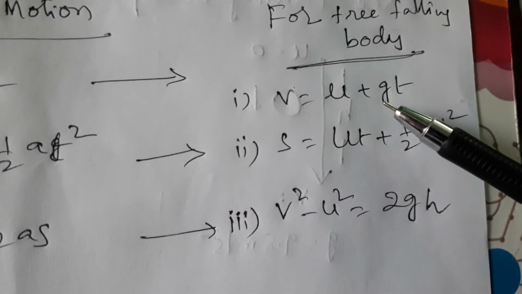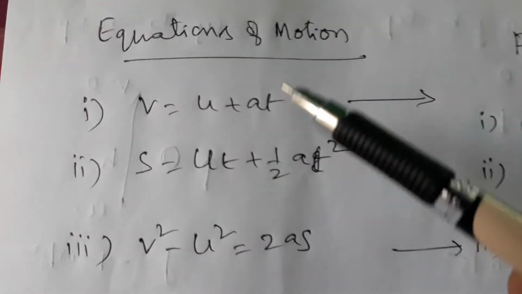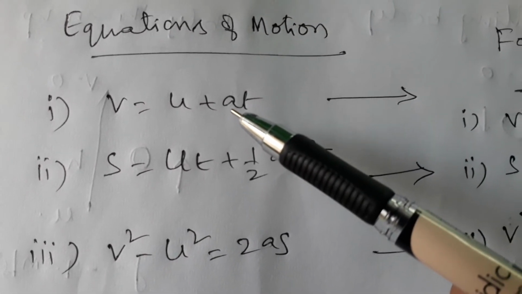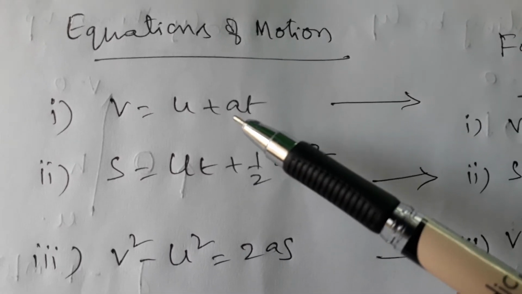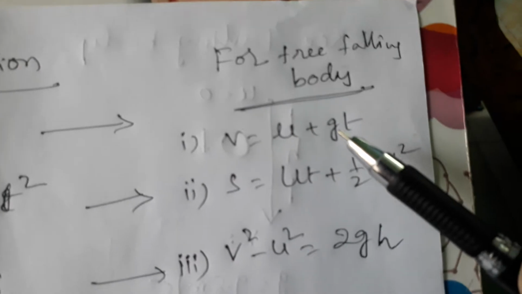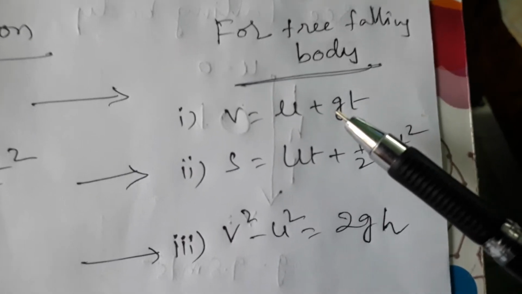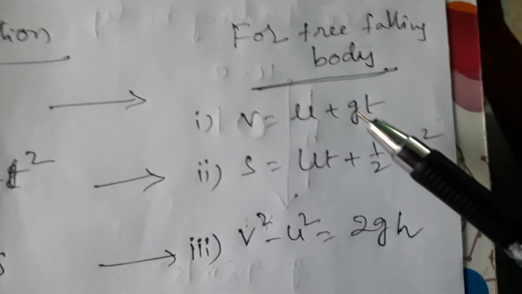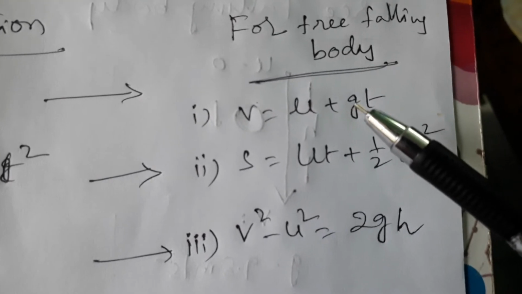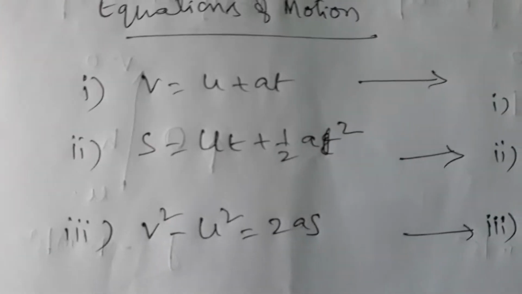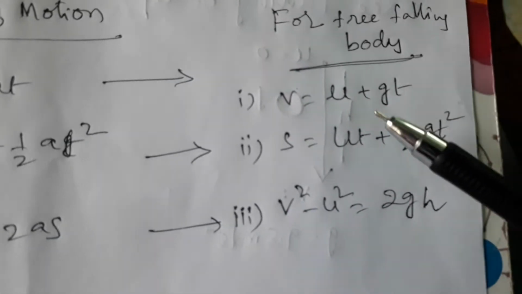So that is represented with G. Acceleration means change of velocity because of gravity. So acceleration due to gravity, G. Wherever A is, it is replaced with G.